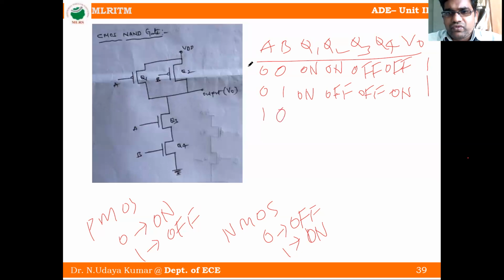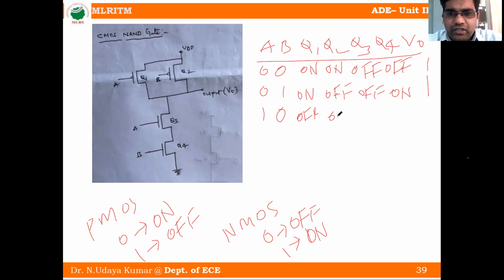Next case, the 1-0 case. A is equal to 1, so the upper transistor Q1 is off, and B is equal to 0, so Q2 is on. In the lower portion, Q3 is on because A is equal to 1, and Q4 is off because B is equal to 0.